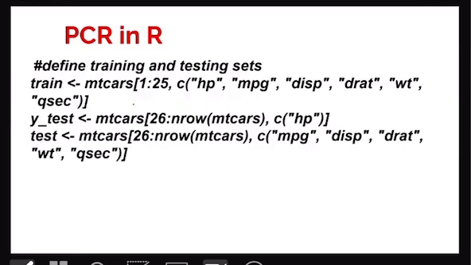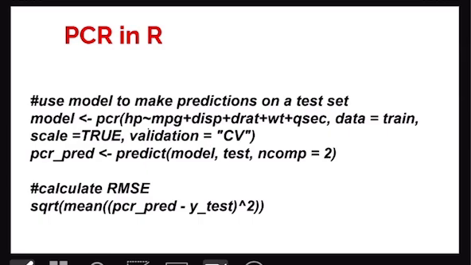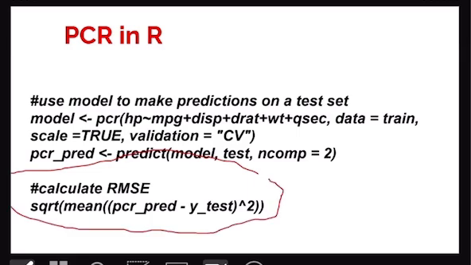You divide your data set into training and testing if you want to make predictions. So for making predictions, take a look at the code, and finally, you compute the root mean square error. Some of you may be wondering, what is the difference between mean square error and root mean square error? They are measuring the same thing. It's the same difference as between variance and standard deviation.